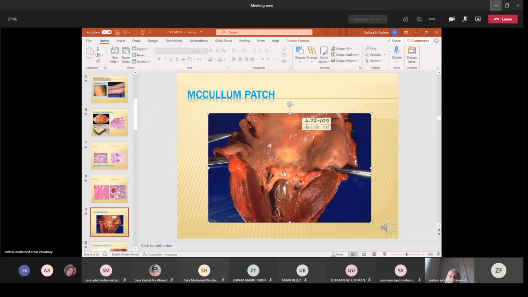This will cause complications because the chorda tendineae are shortened and the valve becomes irregular and thick. It does not close well. So it causes what we call mitral regurgitation or valvular stenosis.